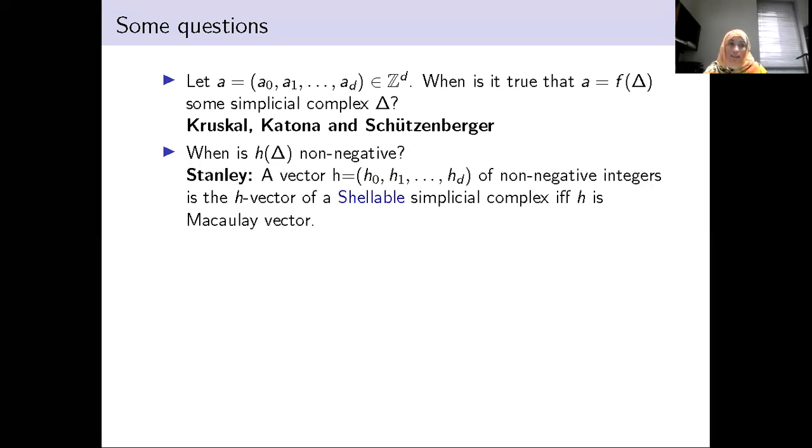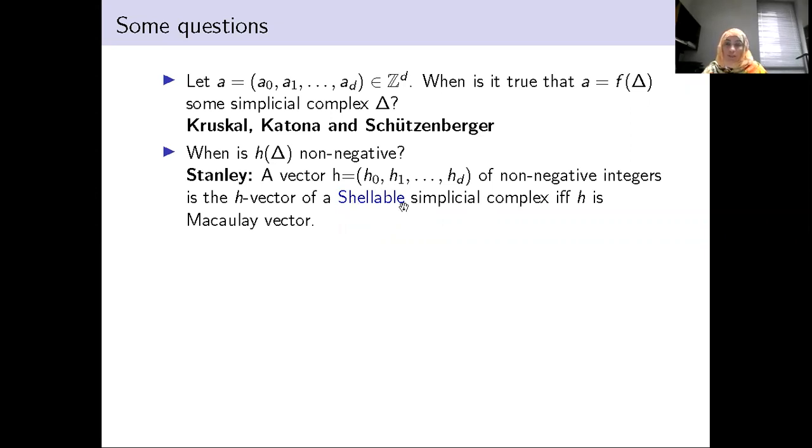So this is answered by Stanley. A vector of non-negative integers h is the h vector of a shellable simplicial complex if and only if h is a Macaulay vector. This is saying that you get a non-negative h vector when you have a shellable simplicial complex.